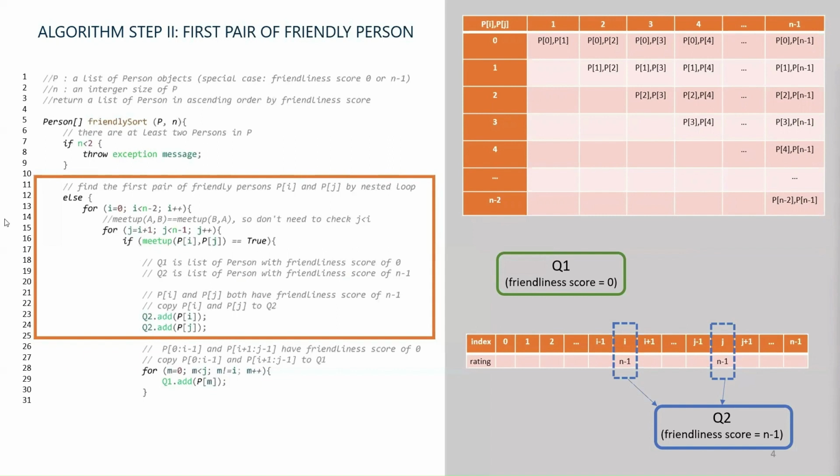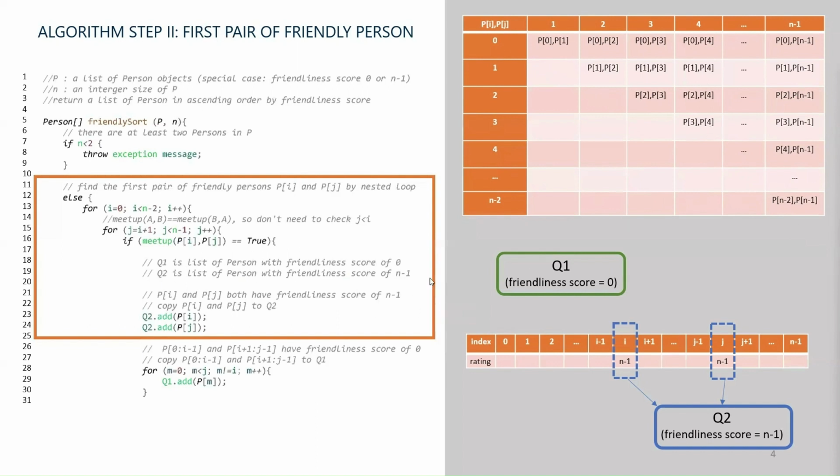The int i will iterate from 0 to n-2, and the int j will iterate from i+1 to n-1. As this table shows, we just need to iterate this half.